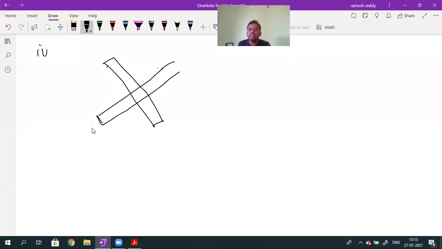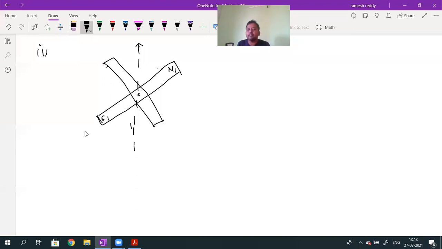These two bar magnets are arranged in the shape shown in the figure, and both are pivoted about a point, free to rotate in a horizontal plane. This is one bar magnet, with north pole and south pole.